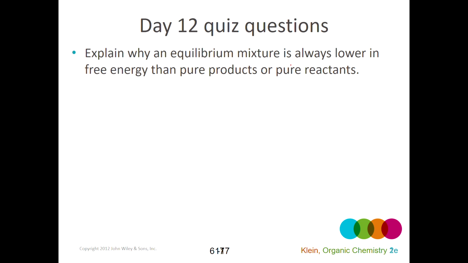So why is an equilibrium mixture lower in free energy than the pure products or pure reactants? Well, when I have a mixture, there's just going to be more variety. So even if the products have a lot more variety than the reactants, and you're thinking, well, if there's any reactants at all and they have less variety than the products, then having some of those reactants present is going to decrease the variety, or it's going to decrease the entropy.